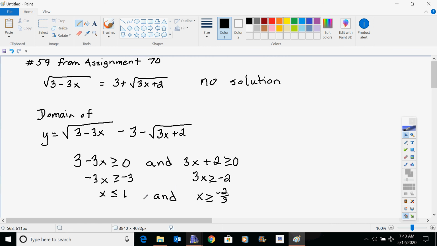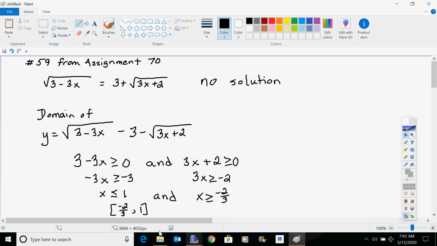So x is less than or equal to 1 and greater than or equal to negative 2/3. What that looks like in interval notation, and what you probably noticed in the back of the book, is that it goes from negative 2/3 all the way up to 1. And it's just in that interval.